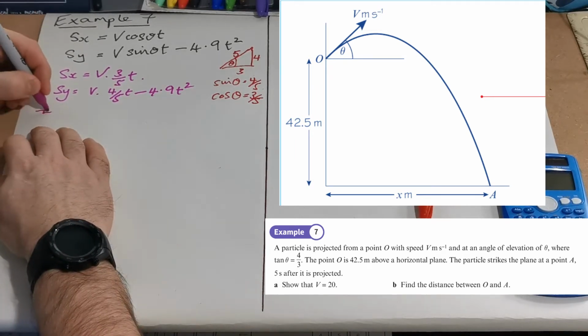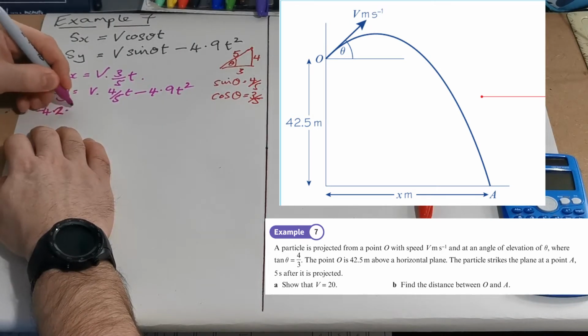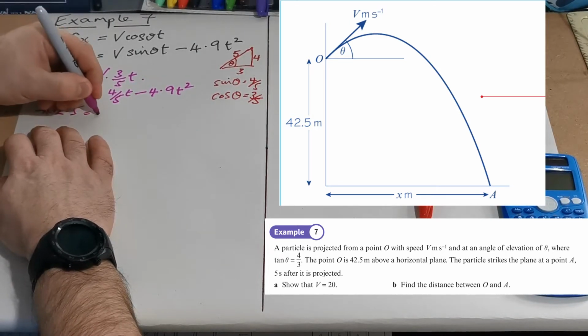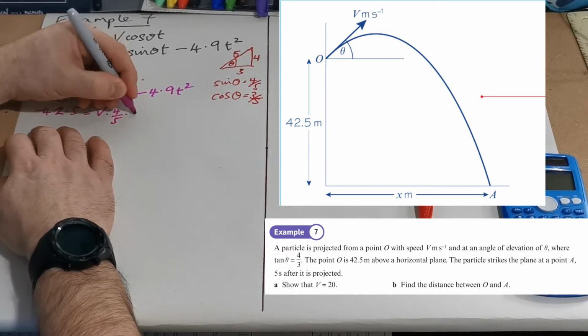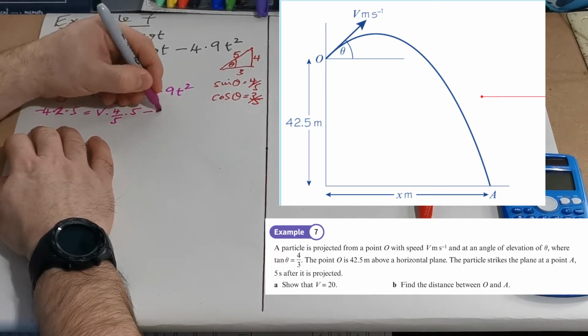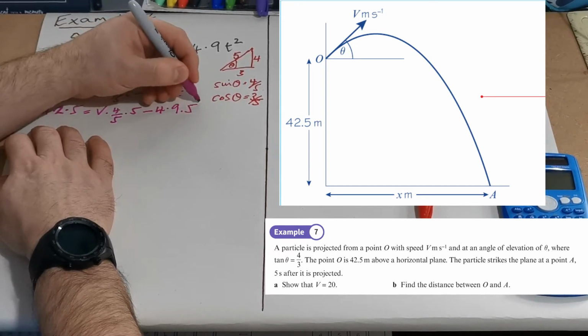So minus 42.5 is equal to v times 4/5 times 5 minus 4.9 times 5 squared.